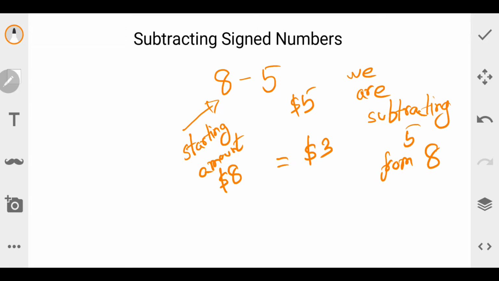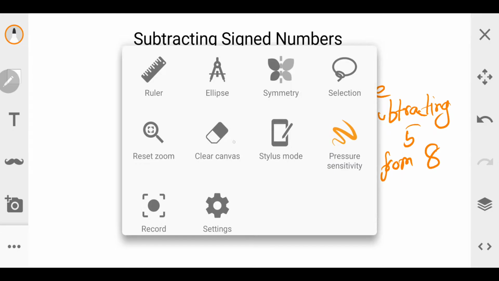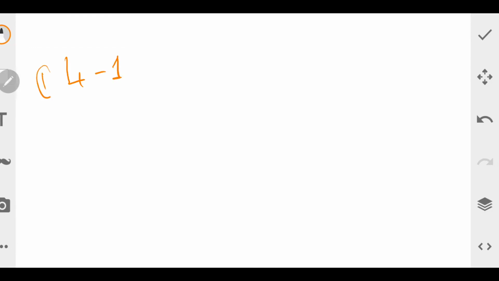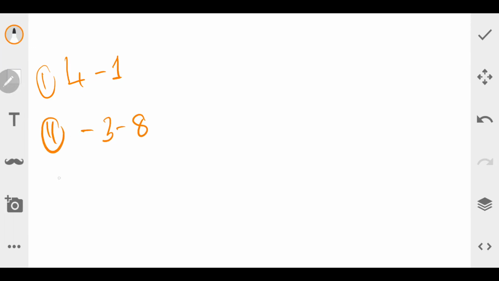Now let's look at a few more examples. You're gonna just tell me what we are subtracting. You're not gonna do the actual subtraction, okay? So let's erase the board. Okay, number 1, 2.